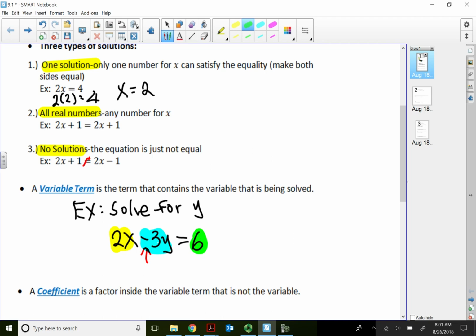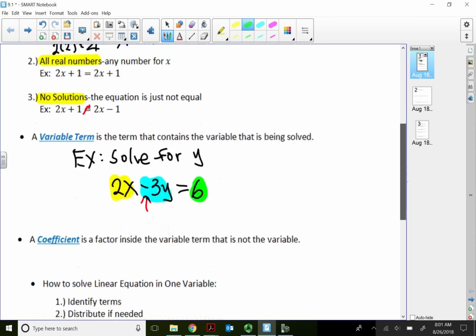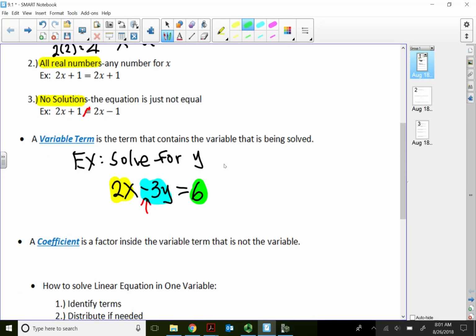When you watch the lecture videos for Module 8, we explain what a term is. We use addition and subtraction signs outside the parenthesis to separate terms. Out of the 3 terms, the term that contains the variable y, because I'm solving for y, will be my variable term.